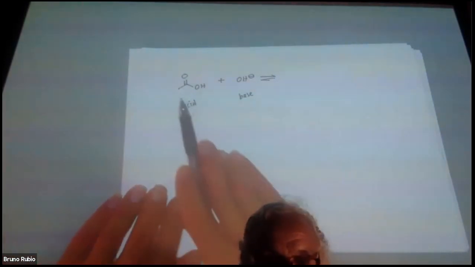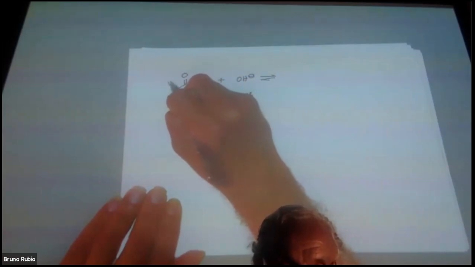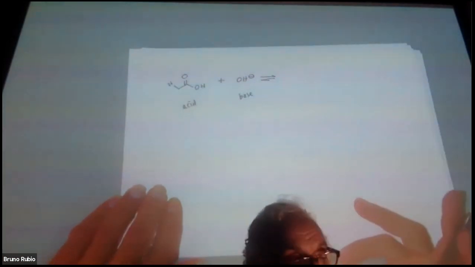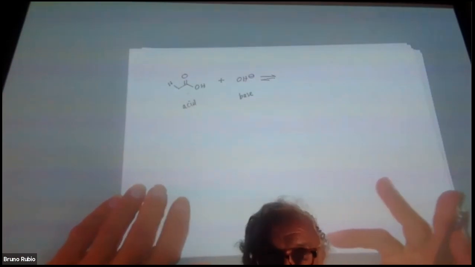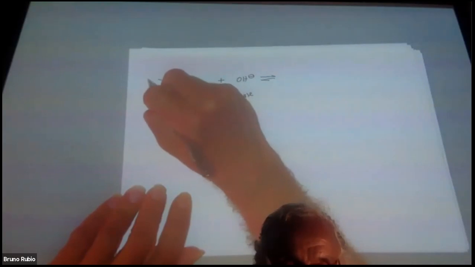So this is a proton that is sitting next to a carbonyl, right? So that table is telling us that this proton has a pKa of maybe about 40.